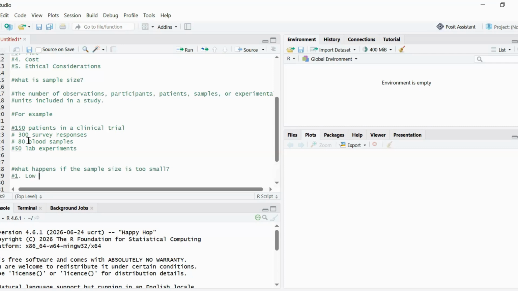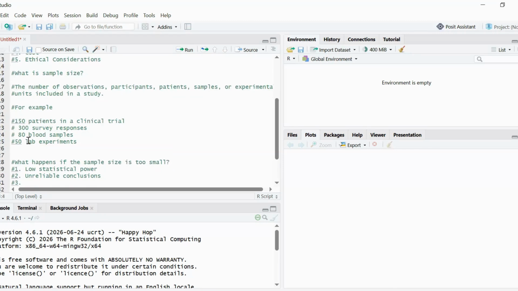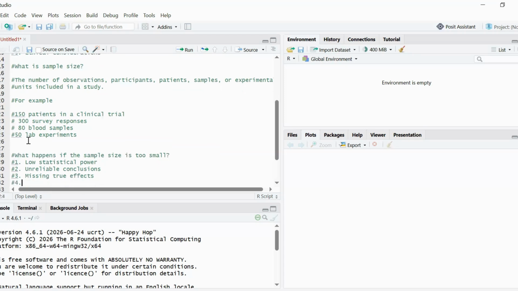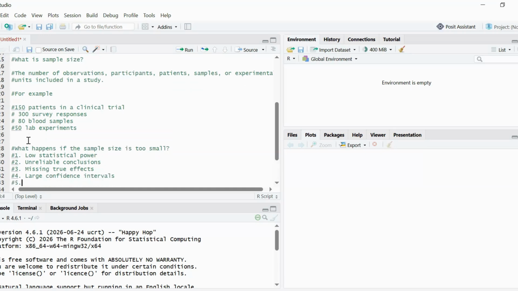Low statistical power, second, unreliable conclusions, third, missing true effects, fourth, large confidence intervals, fifth, increased risk of false negative results.